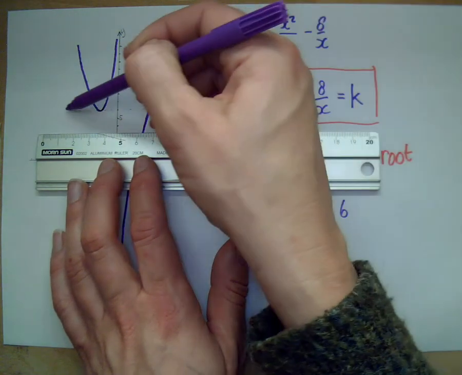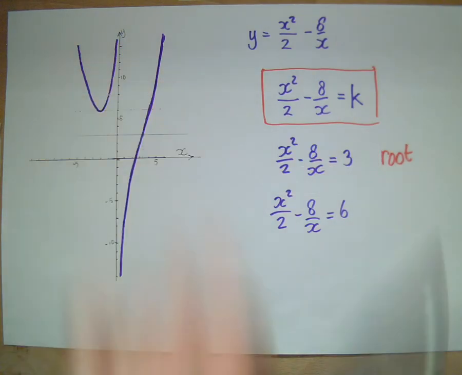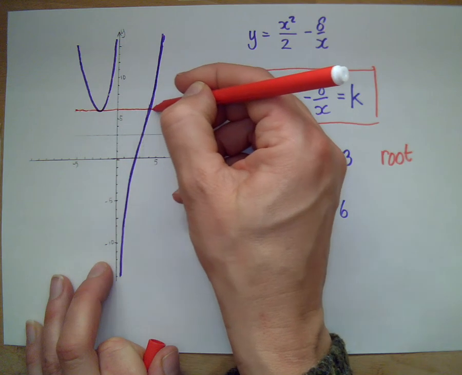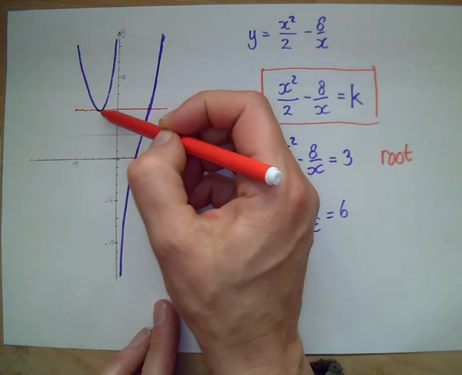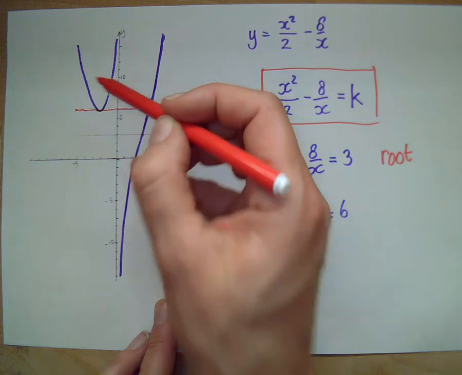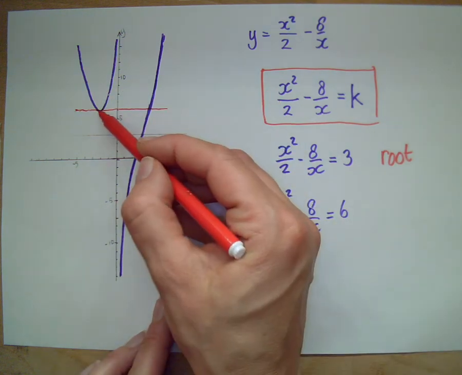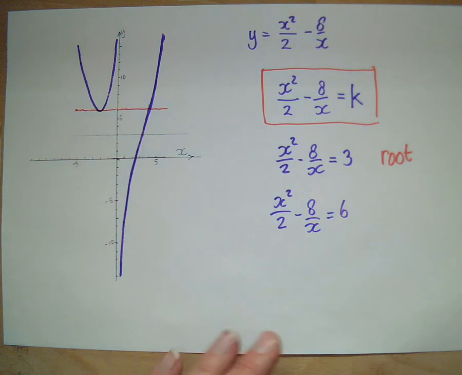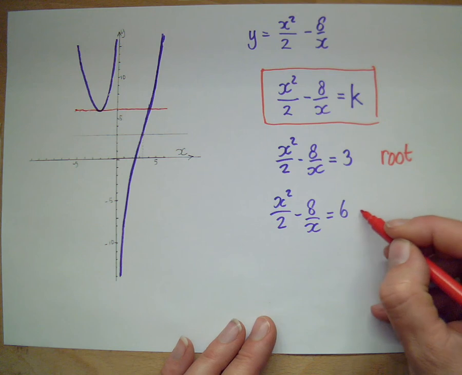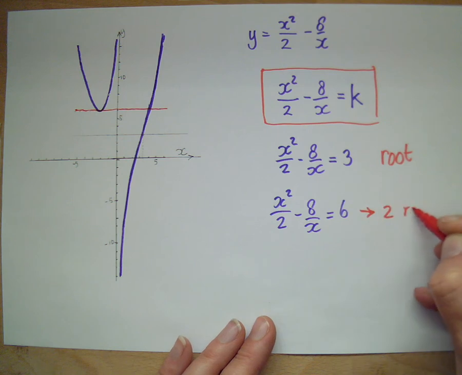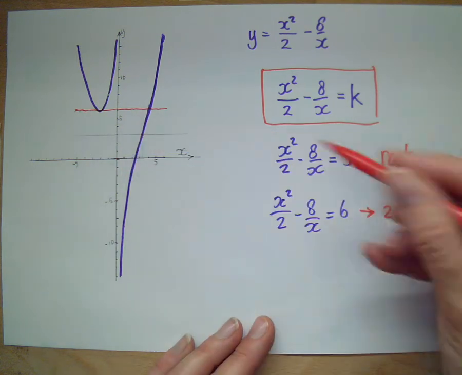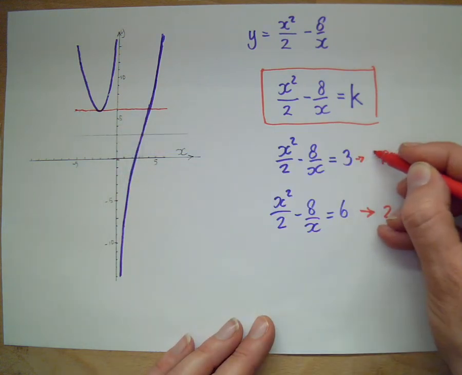If this were my horizontal line, how many times does that intersect with our original graph? Here it touches exactly at the tip of this shape, so it hits it once there and once there. So if I picked 6 for my constant, that would give me 2 roots. Picking 3, that was this line, gave me 1 root.